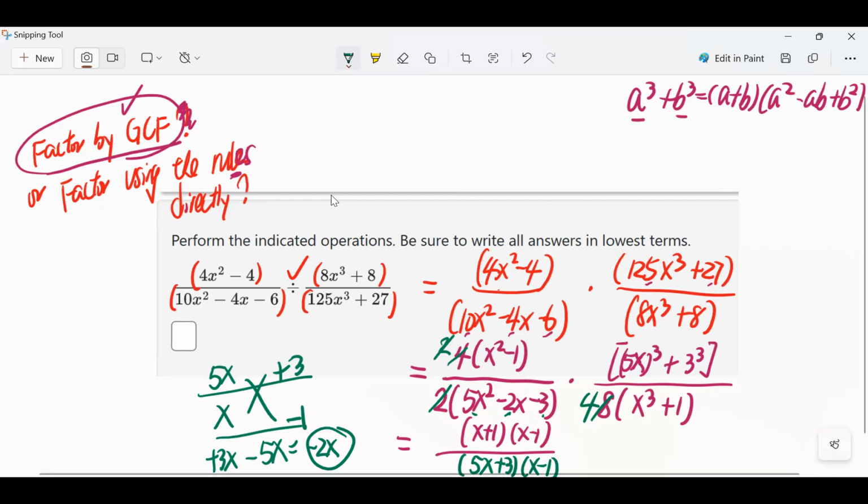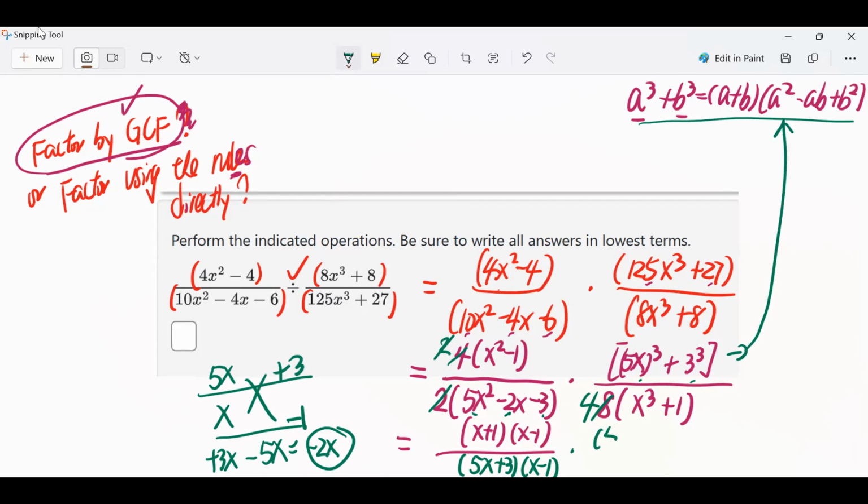Okay. And then right here is the sum of two cubes, right? So we apply this rule, and this becomes 5x plus 3, same thing. And the next thing will be a squared.